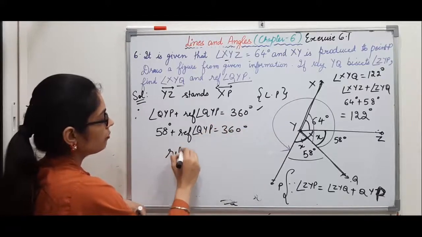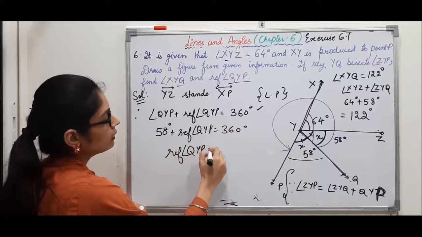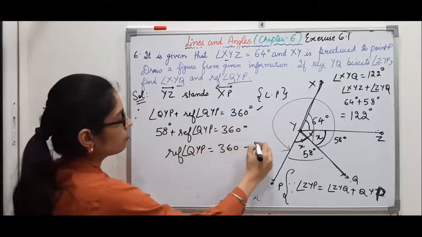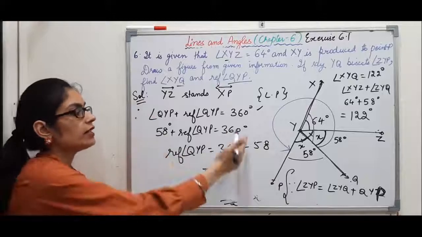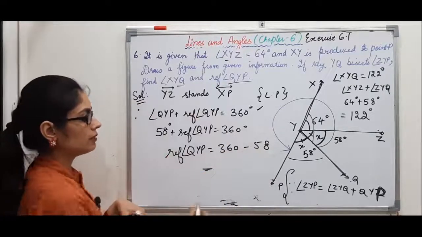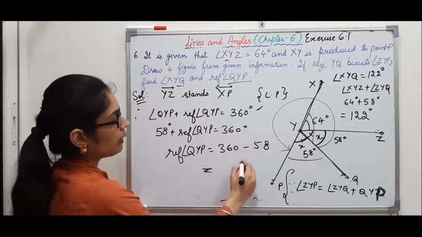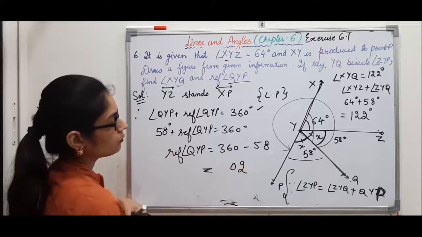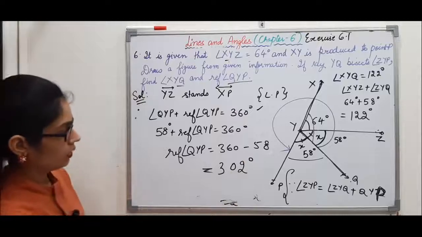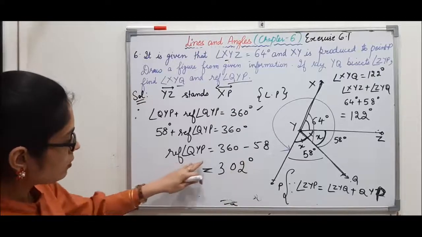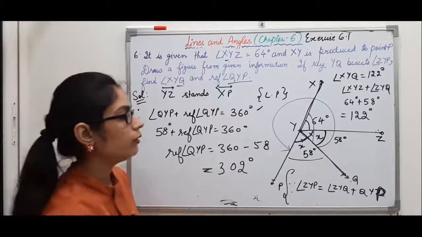So reflex QYP is equal to 360 minus 58, because this 58 is getting added, on changing the side it will get subtracted from 360 degrees. So we do the subtraction now and we get 302. So the value of reflex XYP is equal to 302.